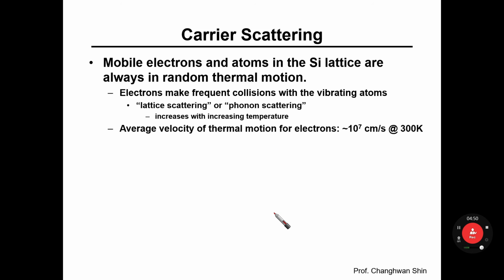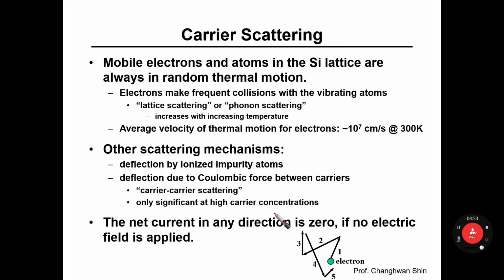Right. Next topic is carrier scattering. Now we are studying how the electrons and holes are moving around in silicon material. I'm talking about the playground for electrons and holes.